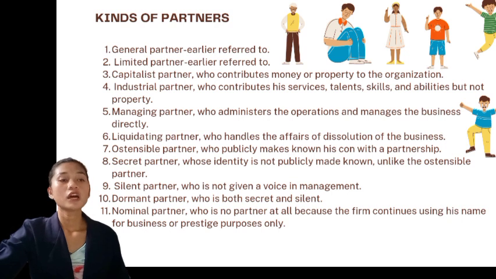And the fourth are industrial partners who contribute their service, talents, skills, and abilities but not property. And the fifth, managing partner who administers the operations and manages the business directly. Sixth, liquidating partner who handles the affairs of dissolution of the business.